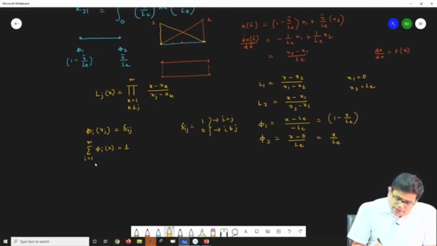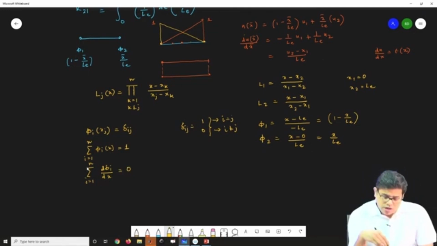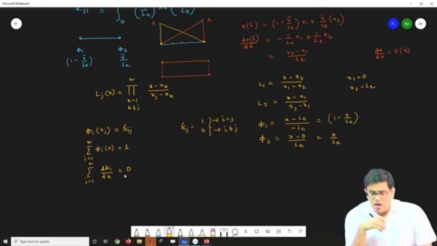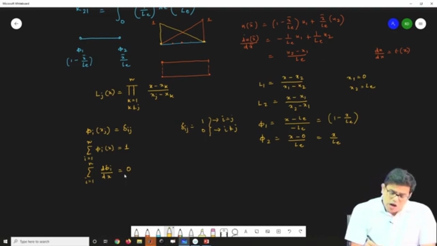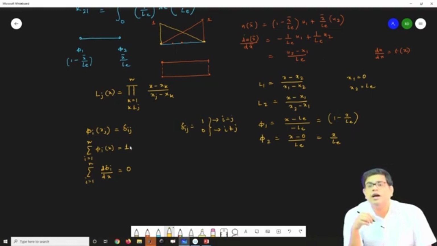And if I take the derivative, the summation of d phi i by dx for i equals 1 to n is 0. This comes from simply taking the derivative. Now, the question is how the summation of phi i of x equal to 1 comes about.